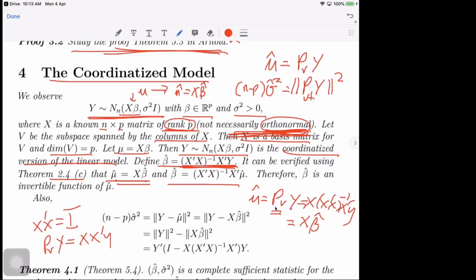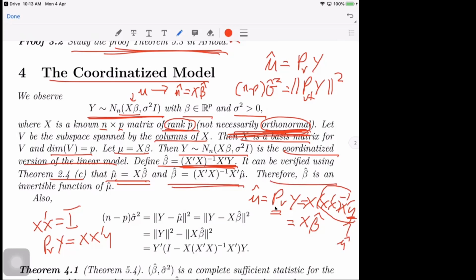It is X beta hat. And then it follows that if you get the expectation of Y, that is equal to mu hat. So you can have beta hat as (X prime X) inverse X prime mu hat.